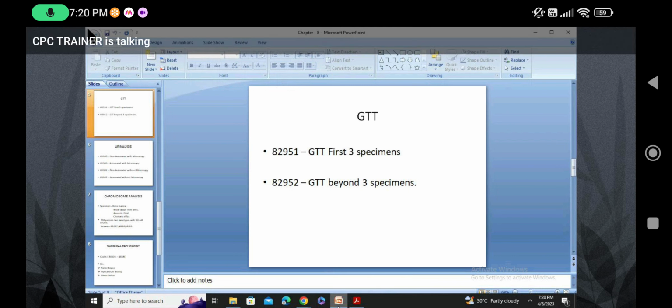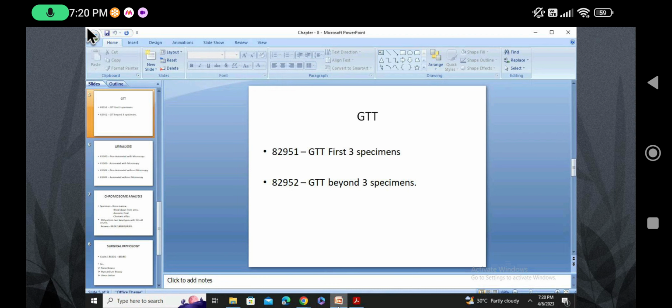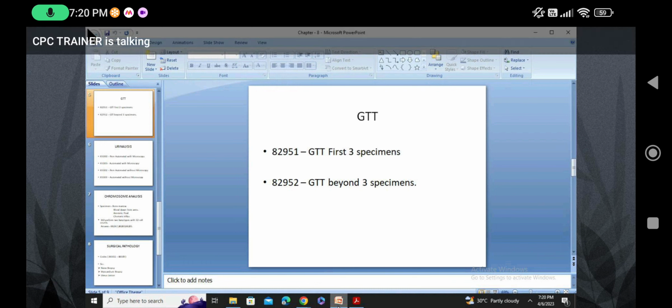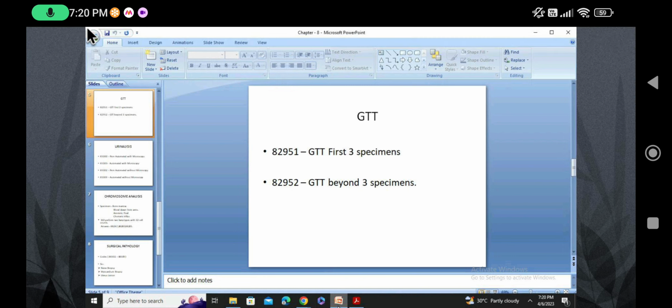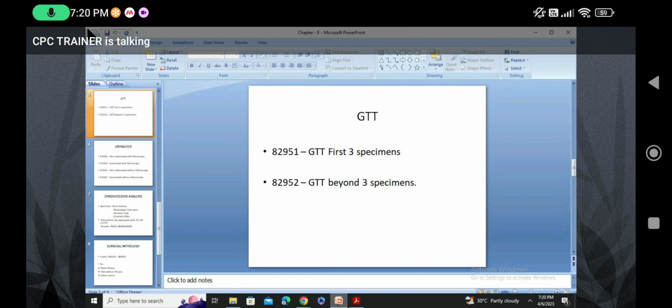This is a confirmative test for gestational diabetes. Okay, what is special in this particular GTT?